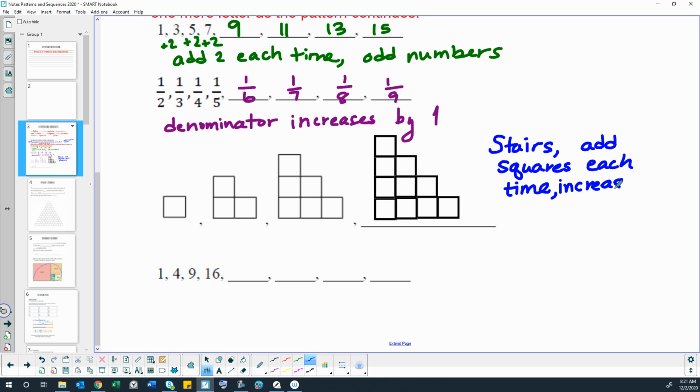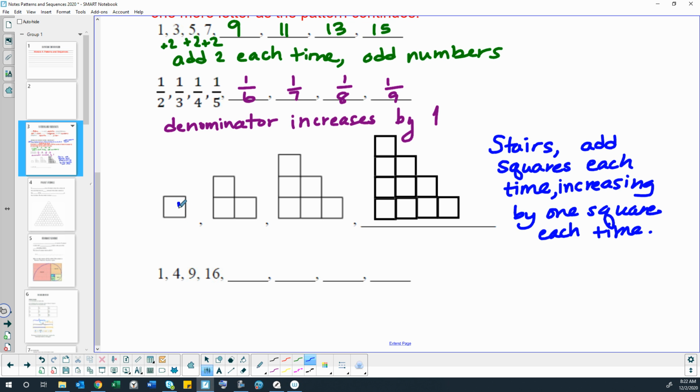I'm not sure the best way to say that. Increasing by 1 square each time. Okay, so stairs, add squares each time, increasing by 1 square each time.